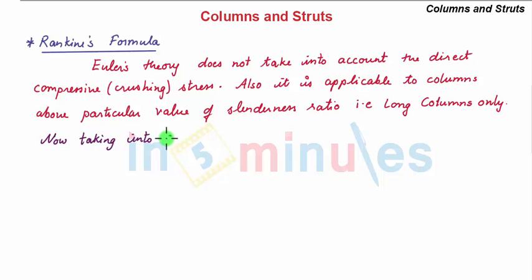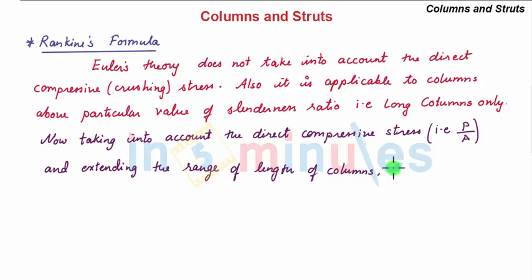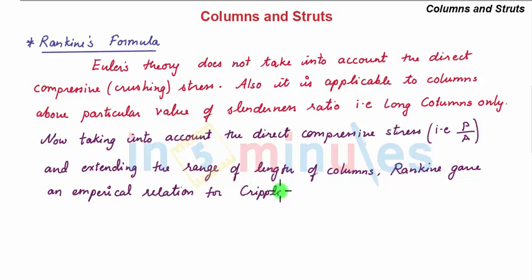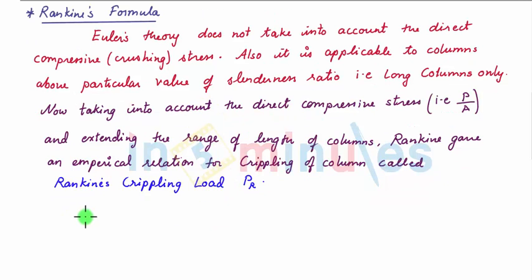Taking into account the direct compressive stress, which is nothing but the actual compressive load P divided by A, and extending the range of length of columns, the scientist Rankine gave an empirical relation for crippling of column called Rankine's crippling load, PR.